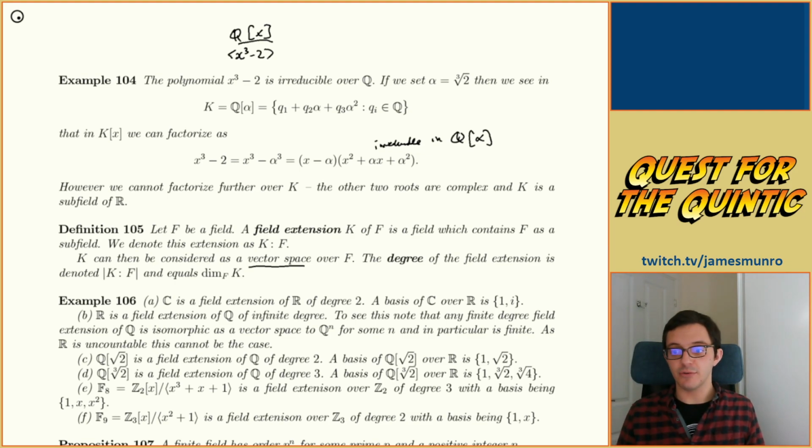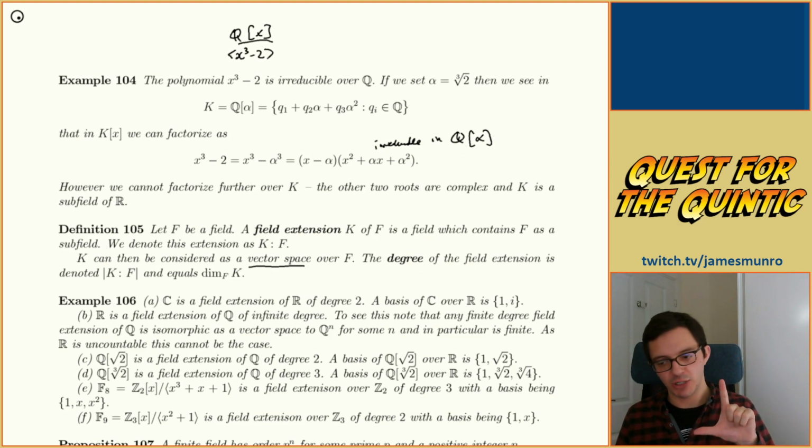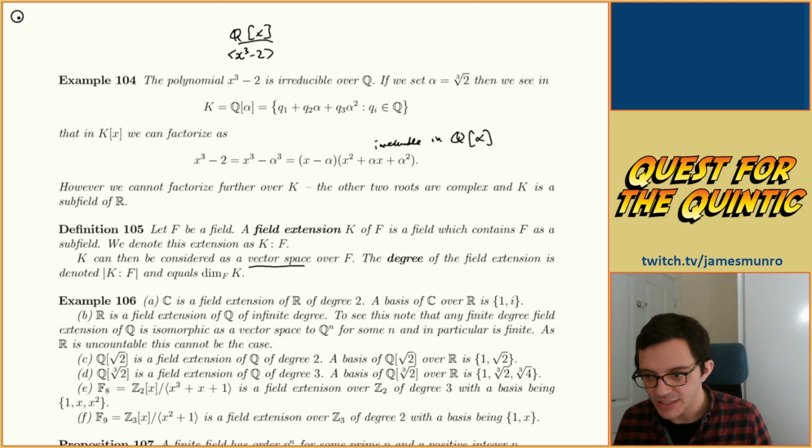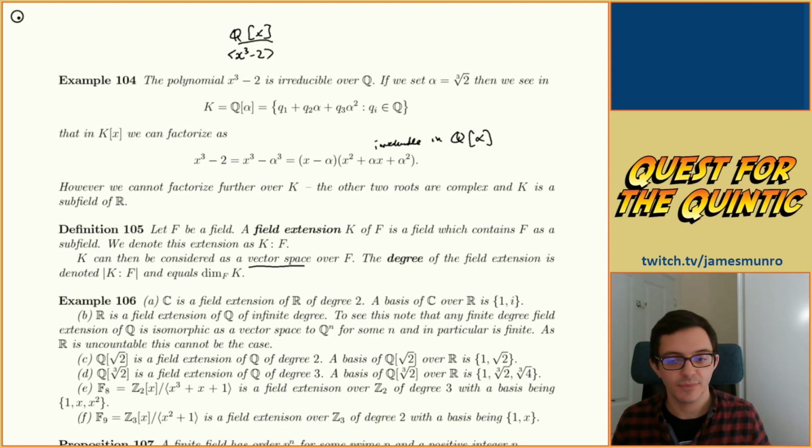So if you've got a subfield, it's a vector space. Then there's the concept of dimension, which feels important for the notion in which complex numbers are a two-dimensional vector space over the reals. And there's a basis, things like that. Okay, so we might need to understand the bases along the way as well.